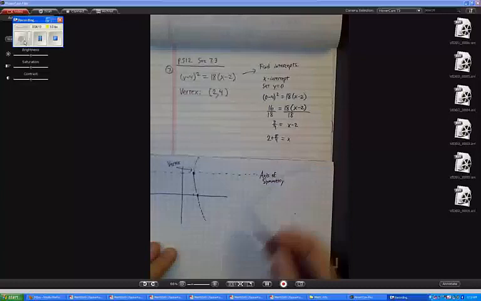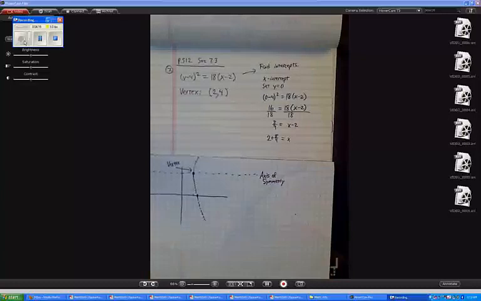So this is, again, a new object for us. We did parabolas earlier in the year, but they were all y equals x squared. This is more of an x equals y squared kind of situation. Okay? So P, I can find this way.